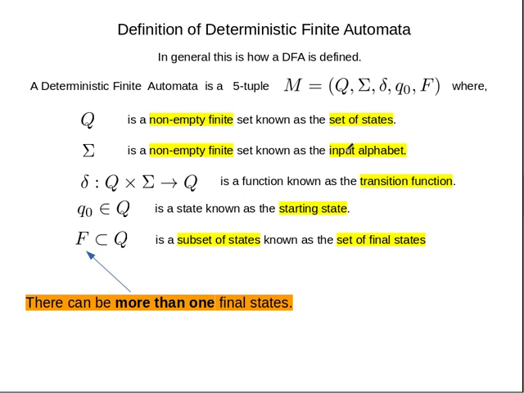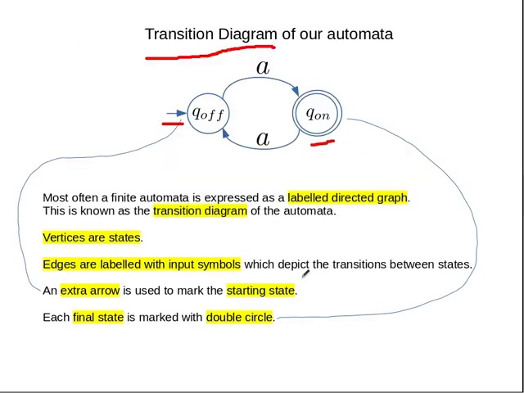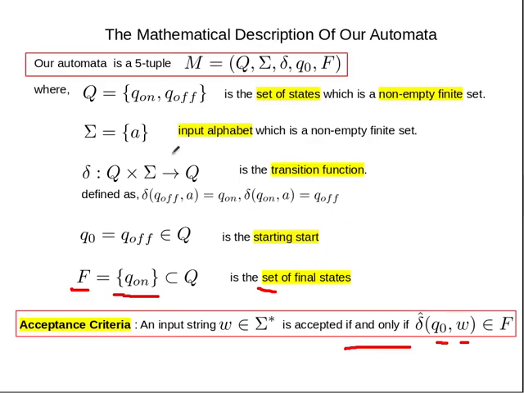Now that was a very specific example. In general, what can be a deterministic finite automaton? So it's the same. In this example, we only had some specific value for this set, and this set, and this function.